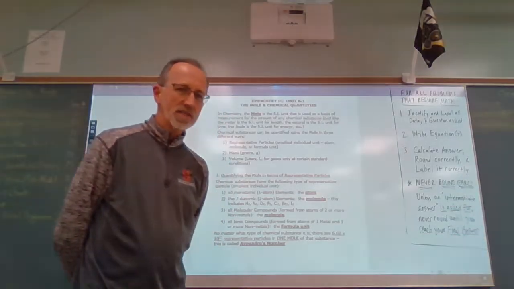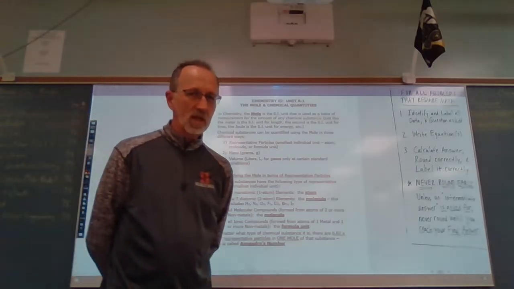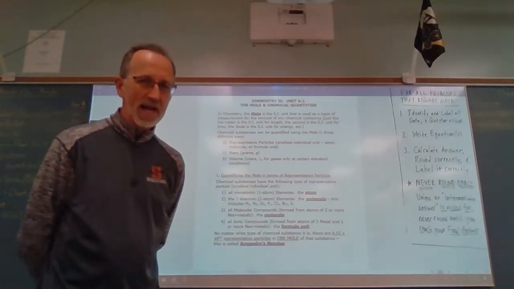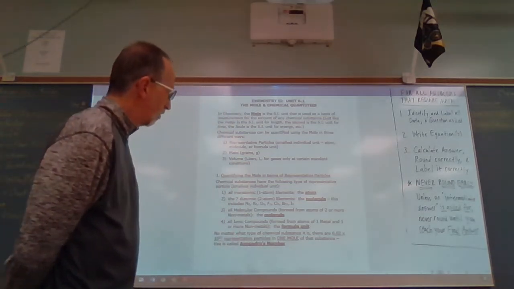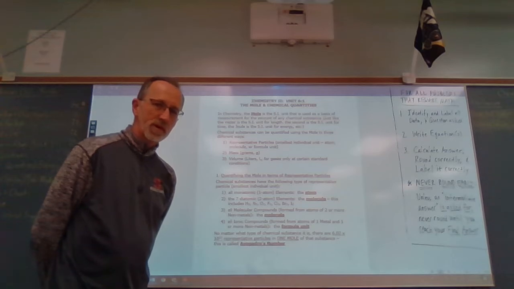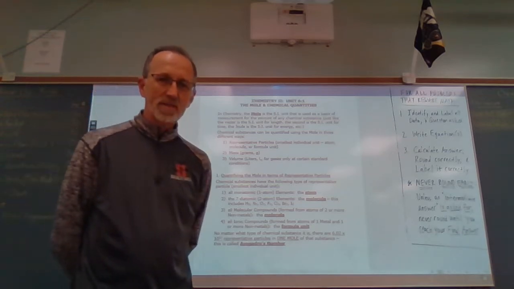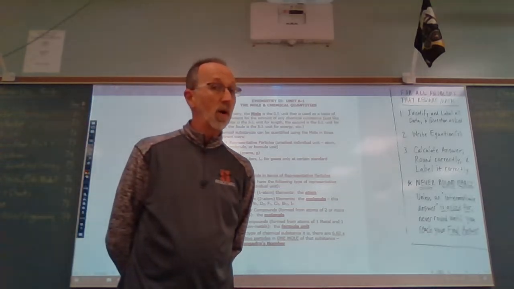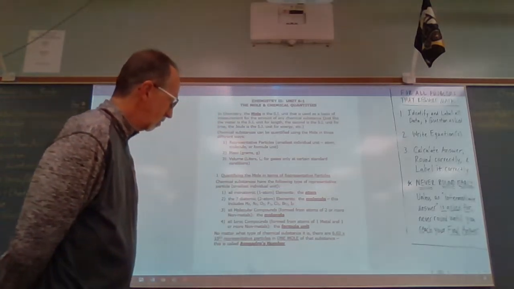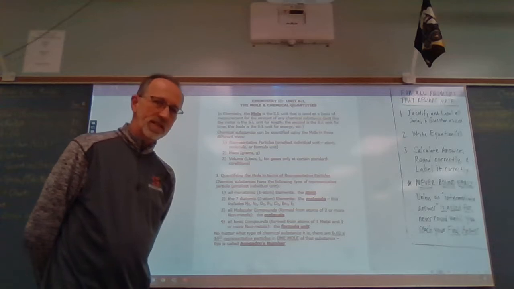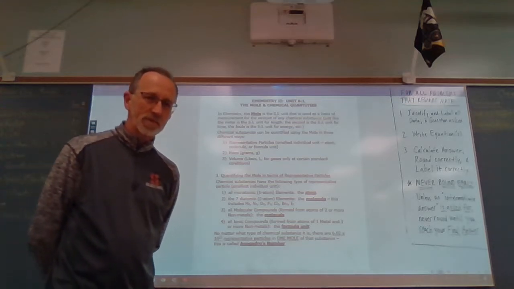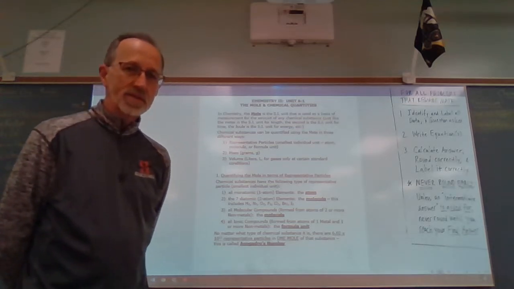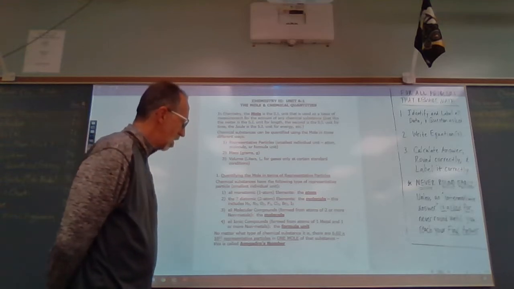Hydrogen, oxygen, nitrogen, chlorine, fluorine, iodine, and bromine. For those 7 elements, remember, they are diatomic, meaning 2 atoms are bonded together covalently to form one molecule. All right. So the base particle for the 7 diatomic elements is the molecule.